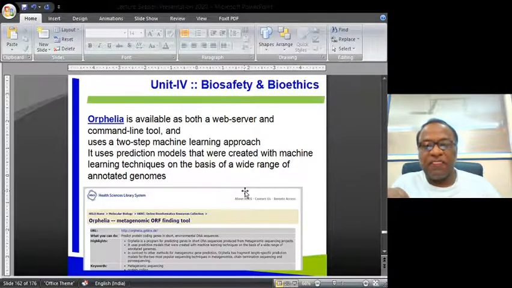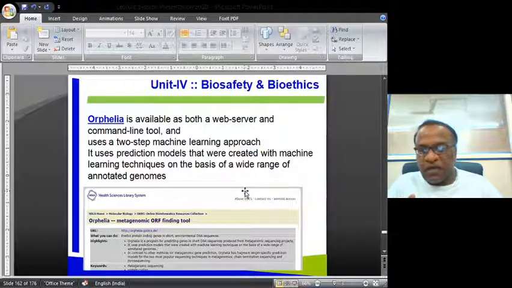Right? Next we have Orphelia. Orphelia is available as both a web server and as a command line tool, and it uses a two-step machine learning approach.